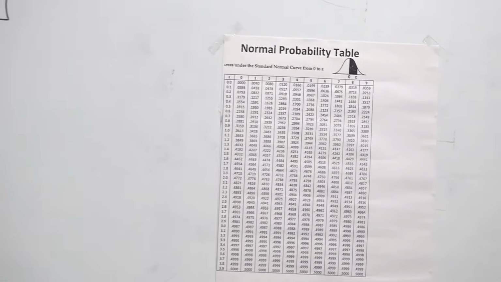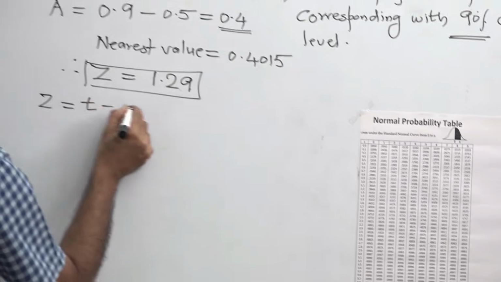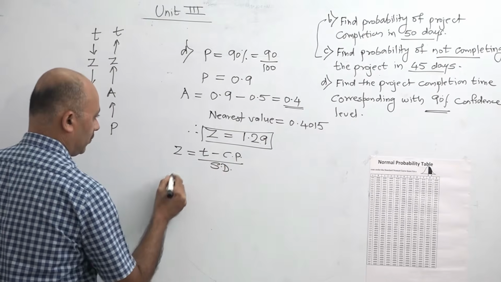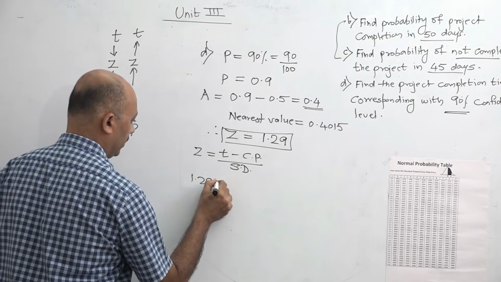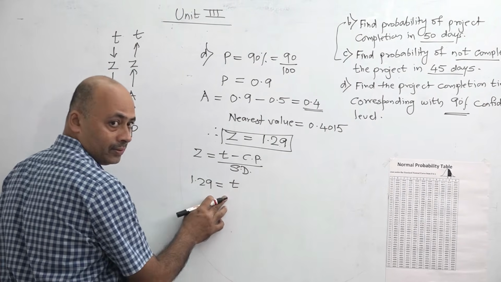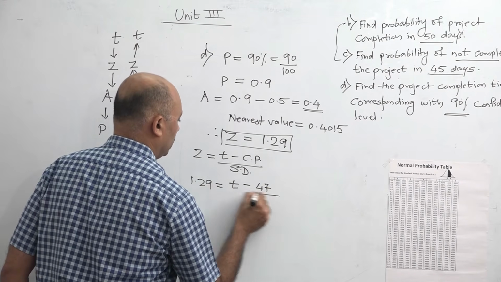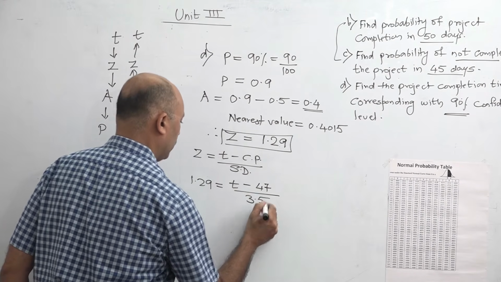Now we can use the Z formula, that is Z is equal to T minus critical path divided by SD. Z is 1.29, time we have to find out, critical path is 47 days and SD was 3.5.